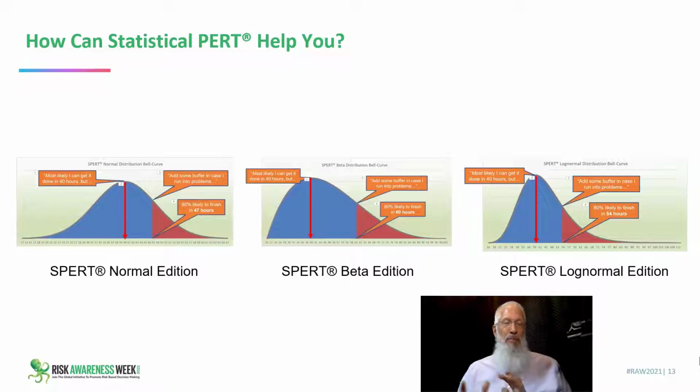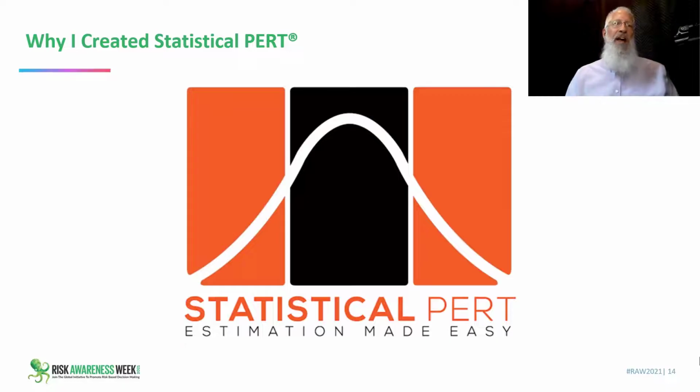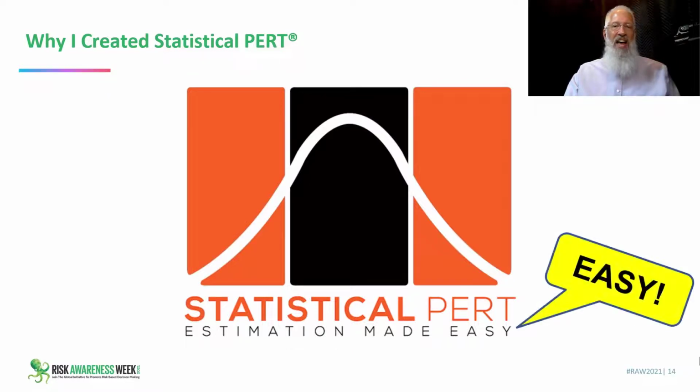The pre-built spreadsheets make it very easy for you to use these distribution curves without having to deal with standard deviations and variances and means and modes directly. Why did I create Statistical PERT? I created Statistical PERT because I wanted an easy way to help people estimate uncertainties. I created it so it's easy, and I hope, as you will see, that it is an easy model to interact with.